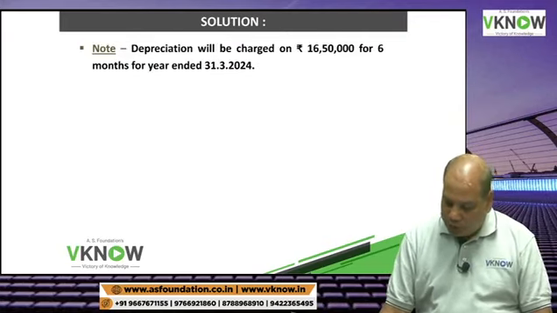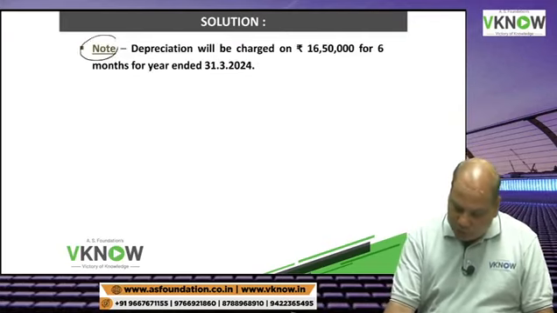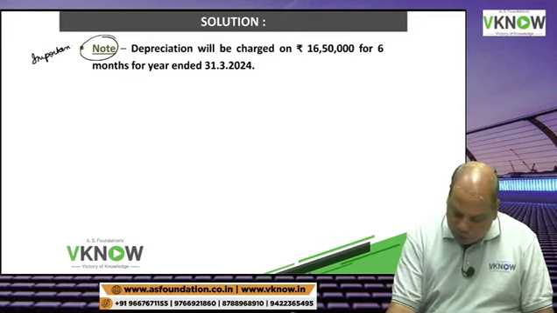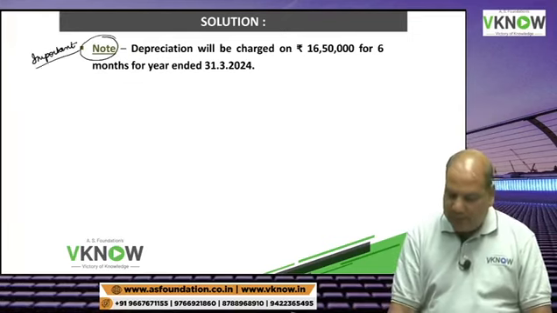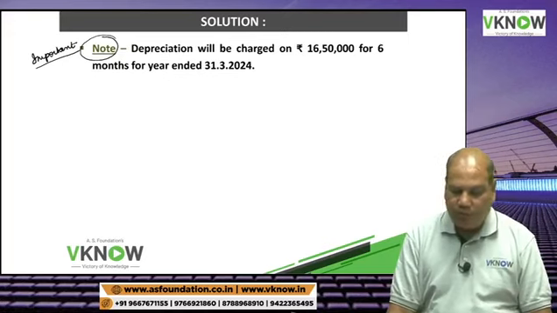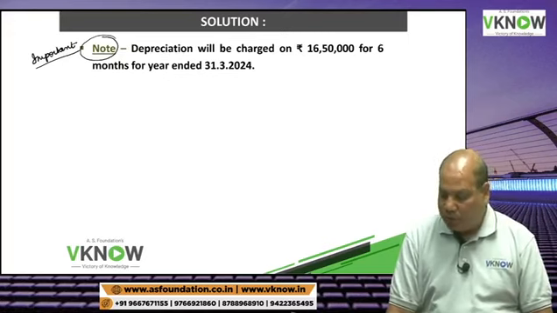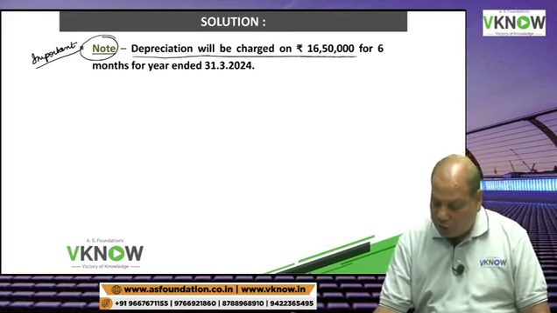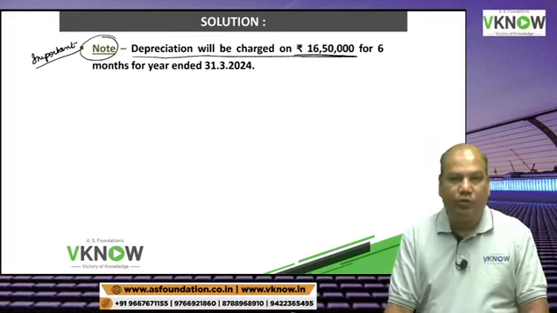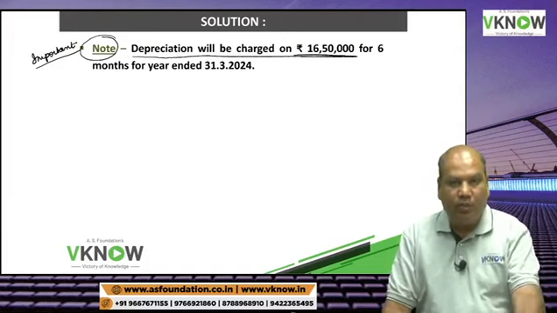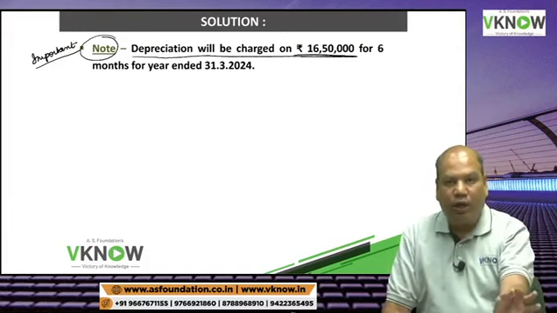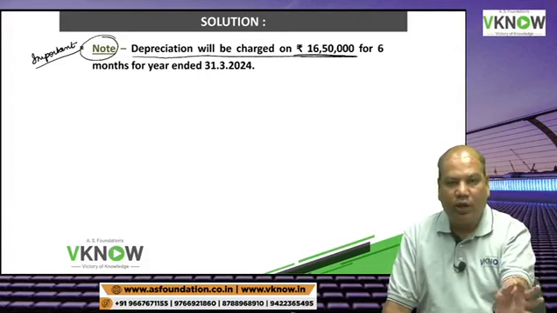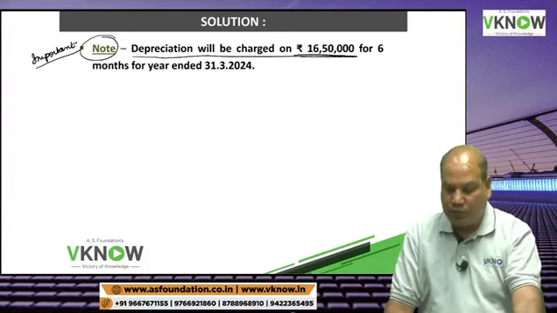Okay. What I'll do, I'll give you some important notes. Write down important notes. Important note number one: depreciation will be charged on rupees 16 lakh 50,000 because the asset is ready. The carrying amount after impairment loss is 16 lakh 50,000.